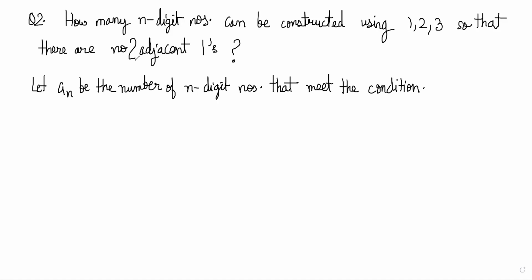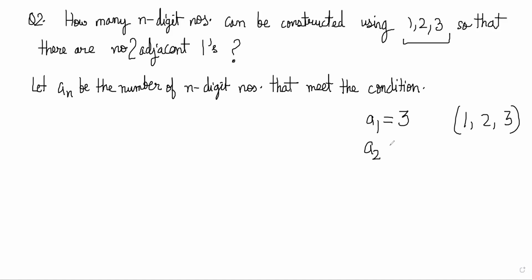Okay, so we have to make n-digit numbers using the three numbers 1, 2, 3. So there are no two adjacent ones, right? Now, if a_n is the number of n-digit numbers that meet the condition, you can check that a_1 would be simply 3 because the numbers are 1, 2, and 3.